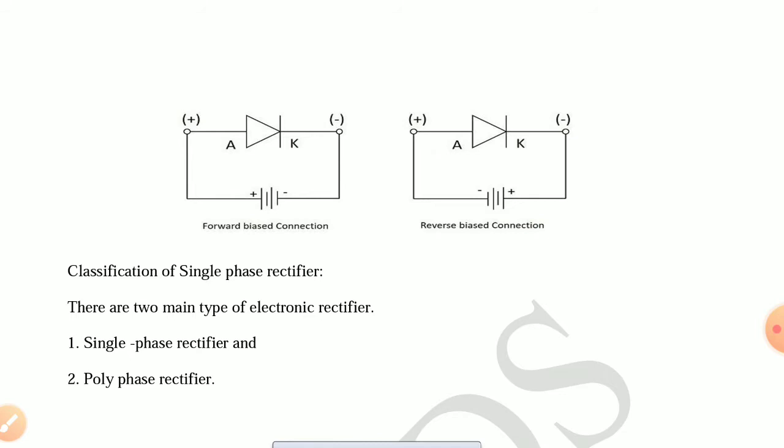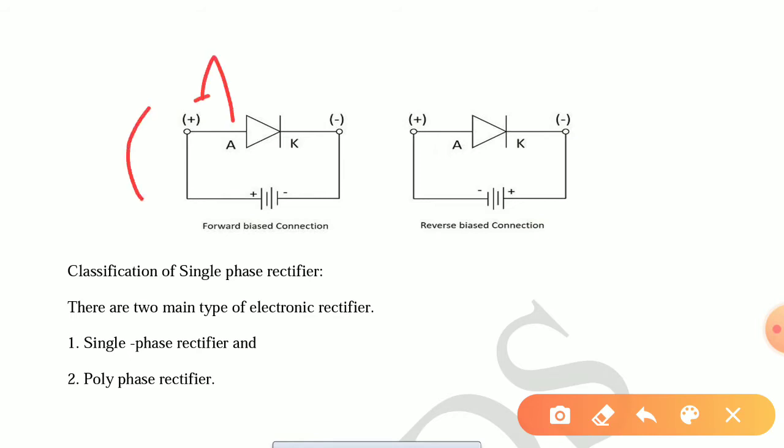When the anode of the diode is connected with the positive terminal of the battery, and the cathode is connected with the negative terminal of the battery, it is known as forward bias. Similarly, when the anode of the diode is connected with the negative terminal and the cathode is connected with the positive terminal of the battery, it's known as reverse bias.